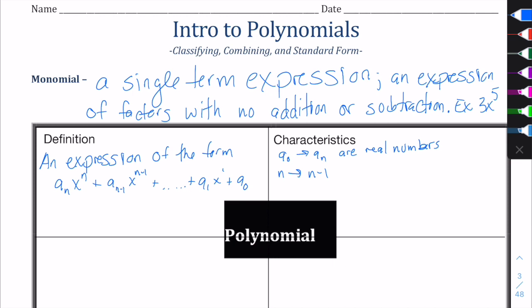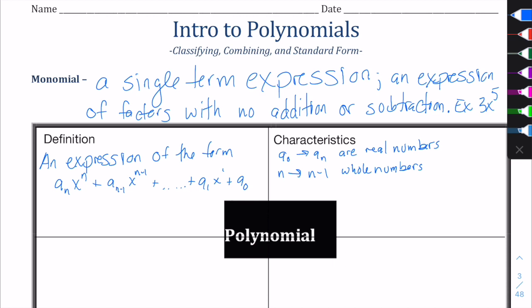They must be whole numbers. So while the coefficients can be fractions, decimals, and negatives, the exponents can't. We're just talking specifically about 0, 1, 2, 3, 4, whole numbers, no fractions, no decimals, no negatives.